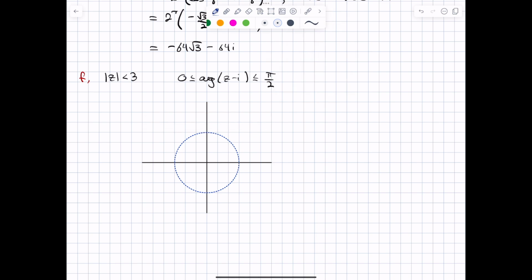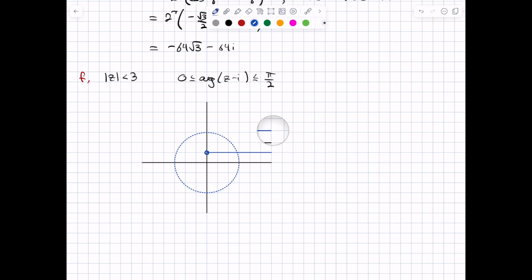So I have the modulus of z less than 3 is everything inside this circle, but I also need the arg of z minus i to be between 0 and pi on 2. Now, what's the arg of z minus i? Well, I have to go to the point z equal to i, which is here. I have an open circle, and then I want to include these lines.